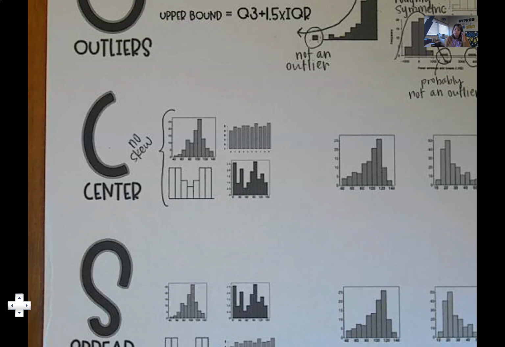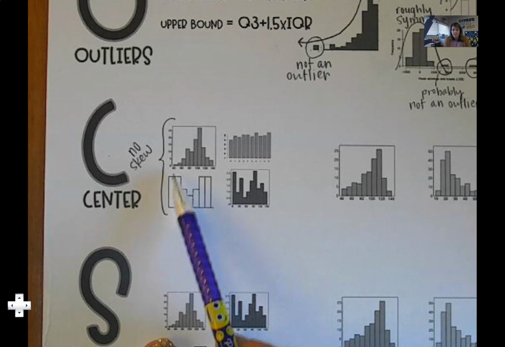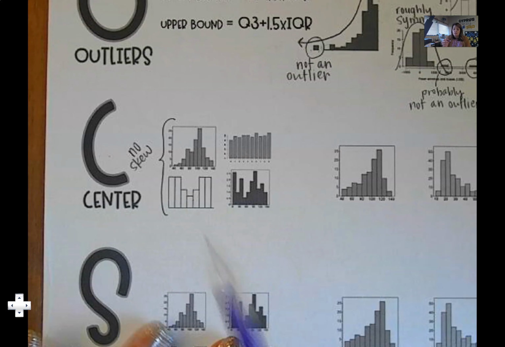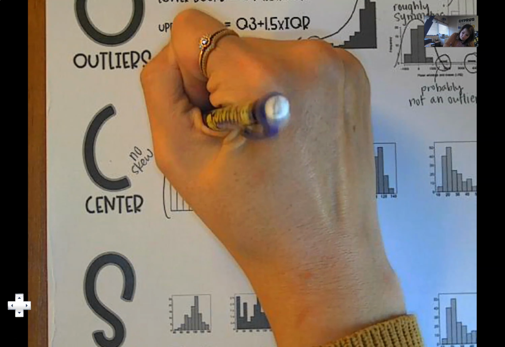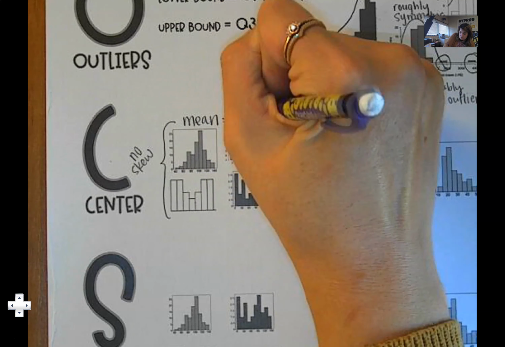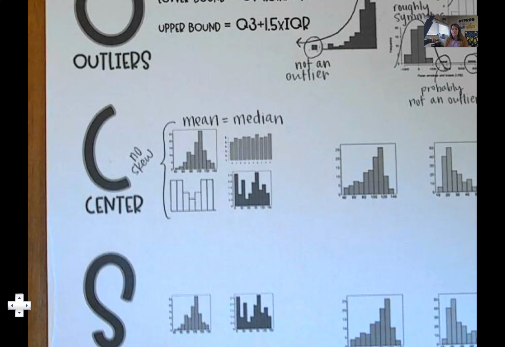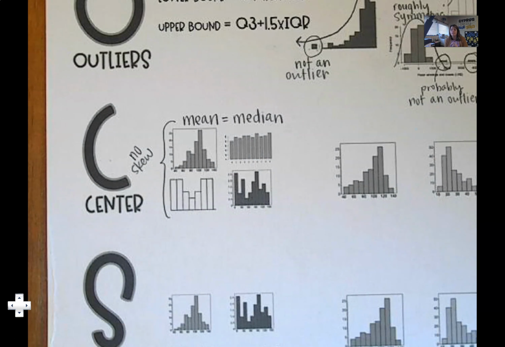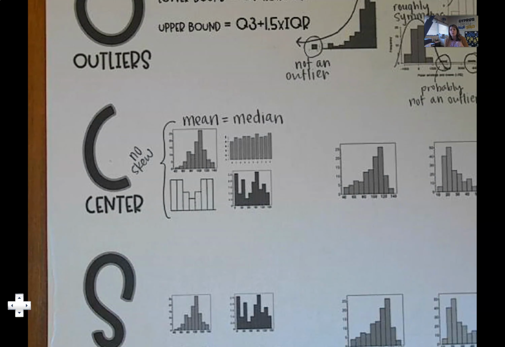Well, it turns out if a data set is not skewed, the mean and the median will equal each other.